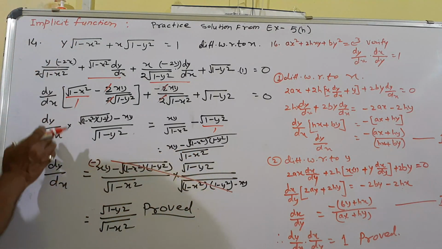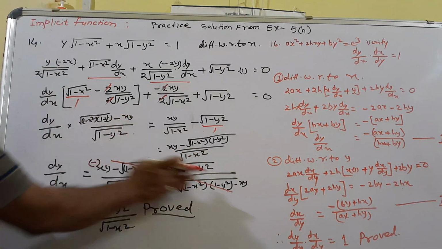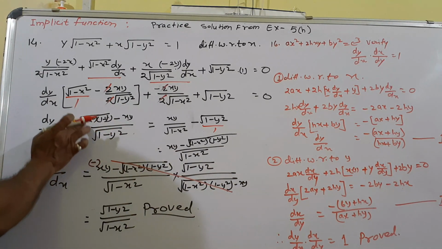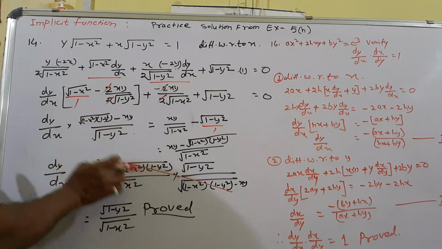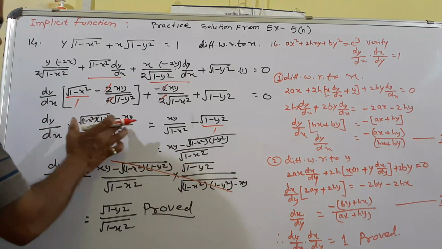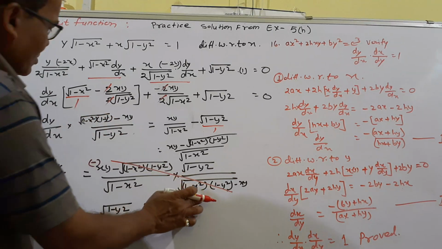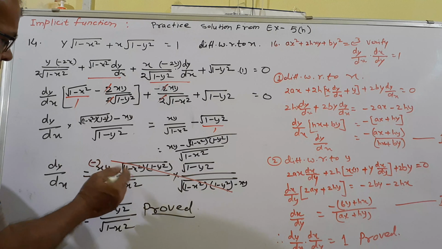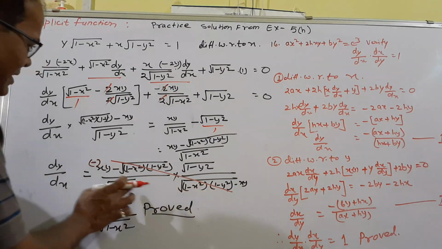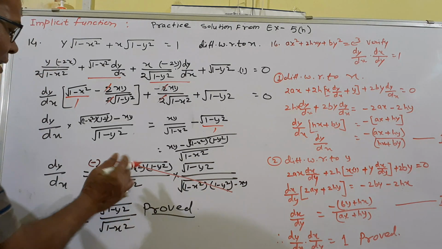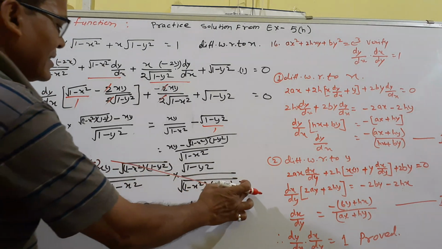Then dy by dx is equal to this part, we can send other side. So other side, as you know, numerator will be denominator, denominator will be numerator. So 1 minus y square will be numerator, it is up, and this part is down. So when we simplify, you can see this part and this part are same. Only thing is that xy minus xy here, xy minus this, here is this minus xy.